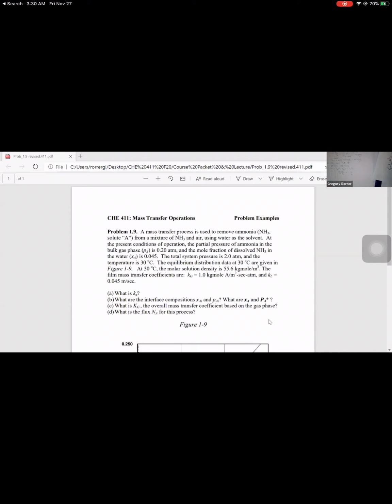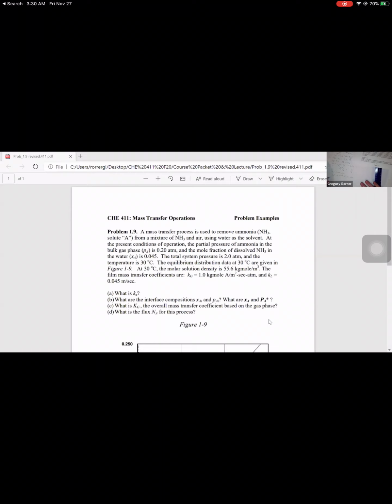In terms of what we know from the coefficients, kL is equal to 0.045 meters per second, and kg is equal to 1.0 kg mole per meter squared second atmospheres. So somehow we've got to get kx.